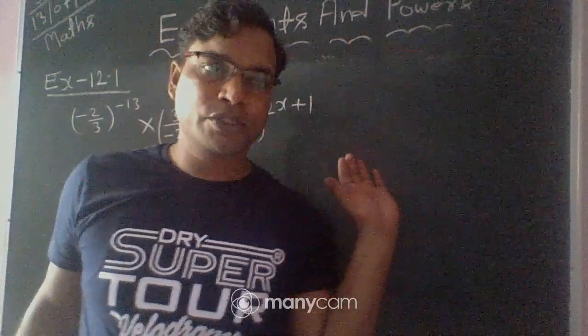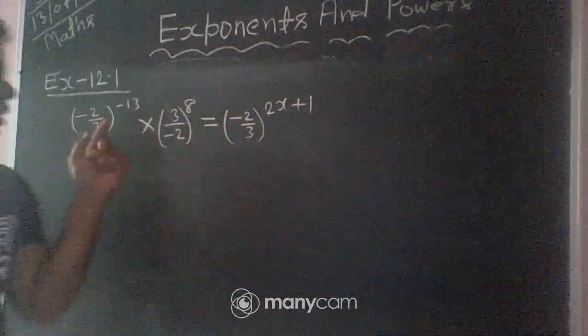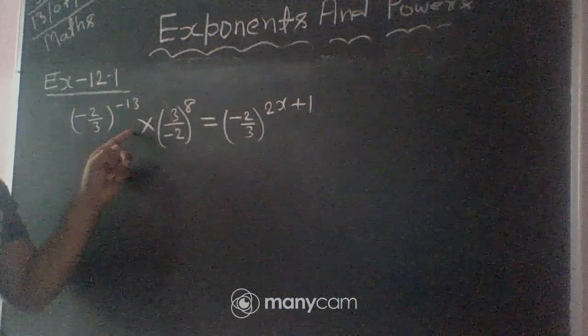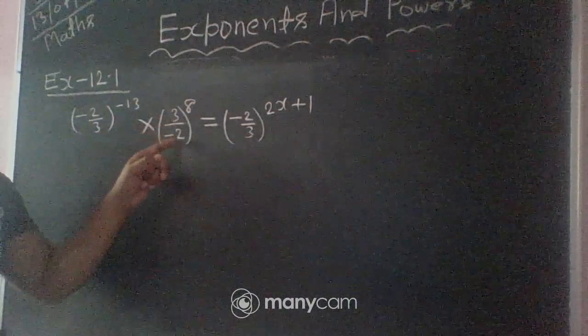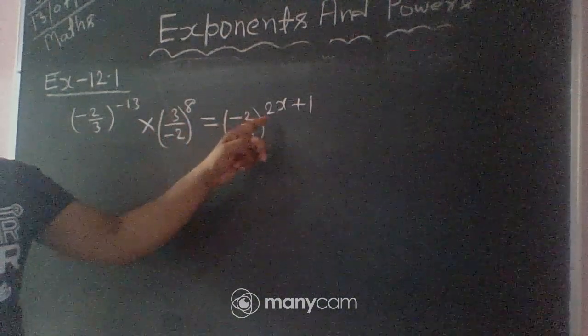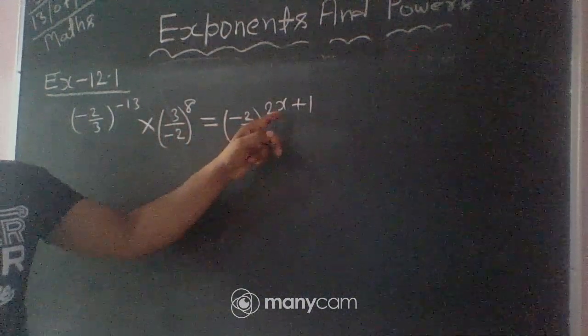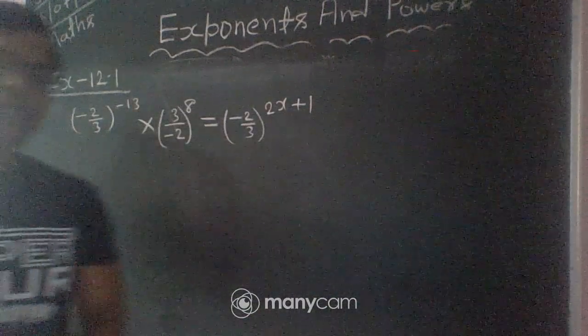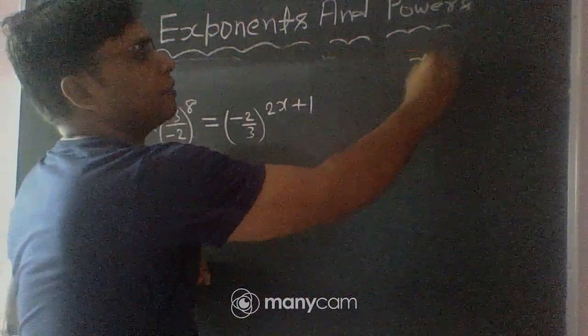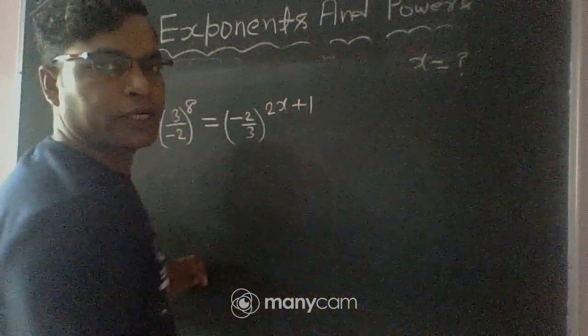This is our next question. Okay, minus 2 by 3 power minus 13 into 3 by minus 2 power 8 is equal to minus 2 by 3 power 2x plus 1. Here we find the value of x. Okay, we need to find the value of x. What is the value of x?